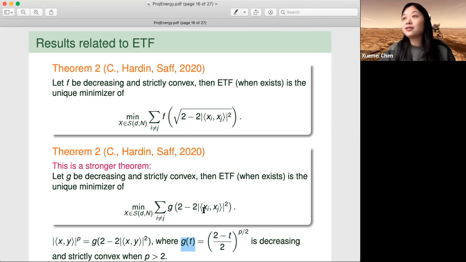And so this is a stronger theorem, and we were able to produce this stronger version as well. So this is stronger than the previous one. So basically we can forget about the top half of this slide, and this is the actual theorem.